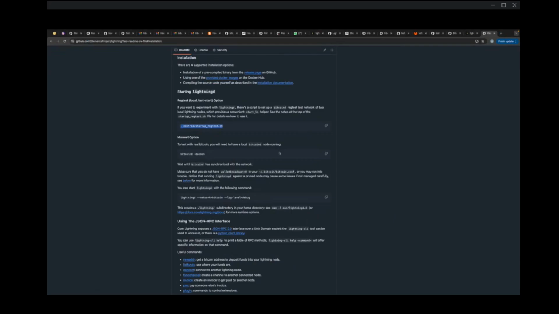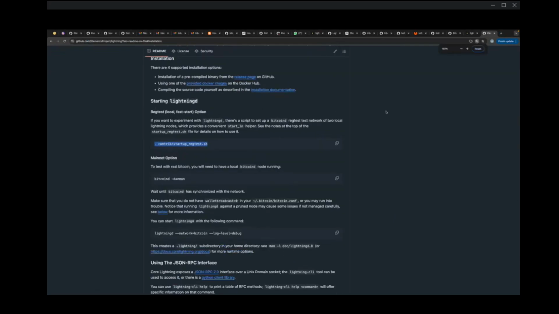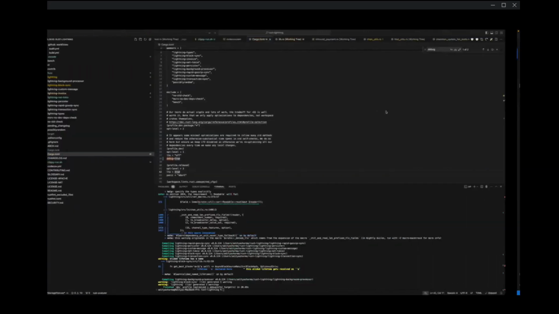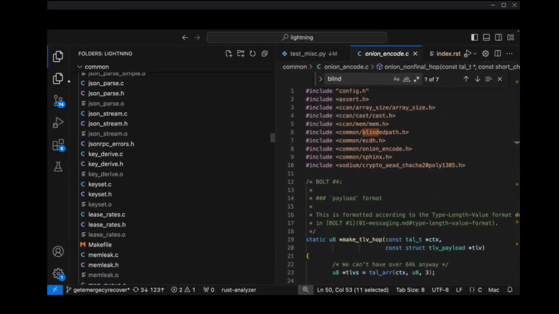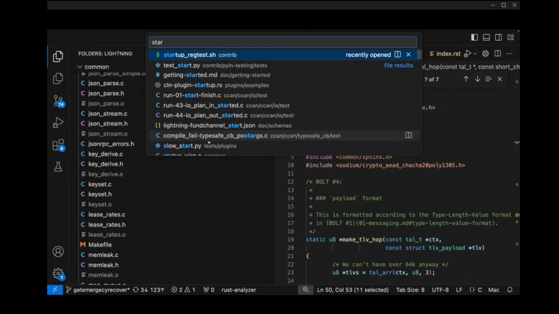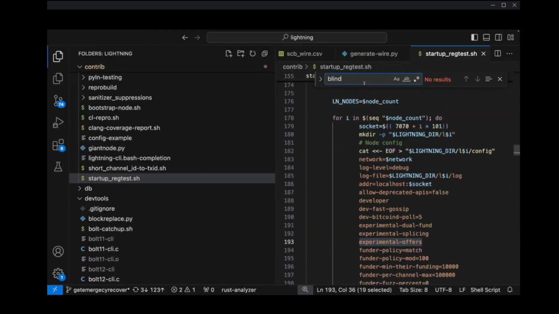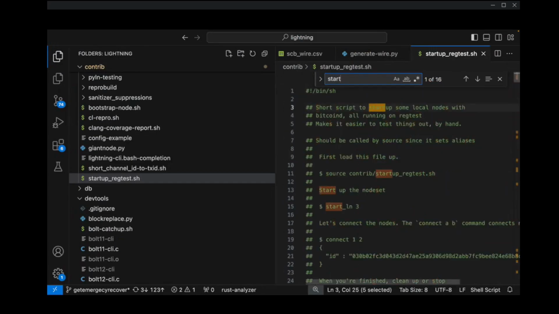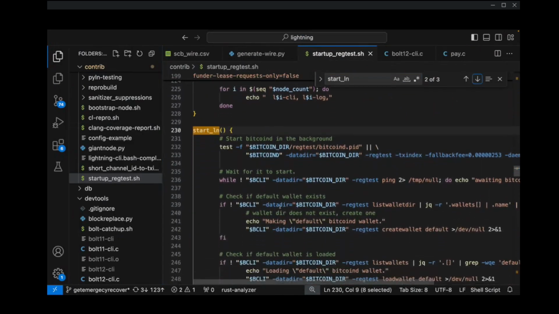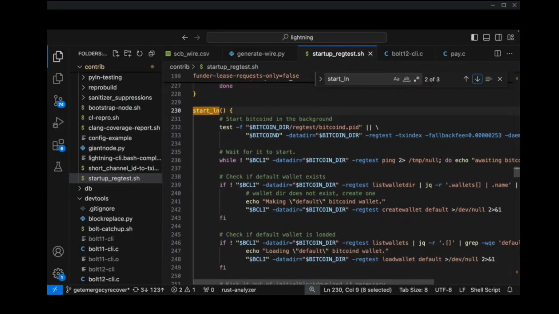Okay. Thank you. Sure. You will also have to run Bitcoin in Reg test in the background, right? For this to take effect. Yeah, yeah. But it would automatically run it. So if you have a look at the script here, the first thing that it does is start Bitcoind in the background.